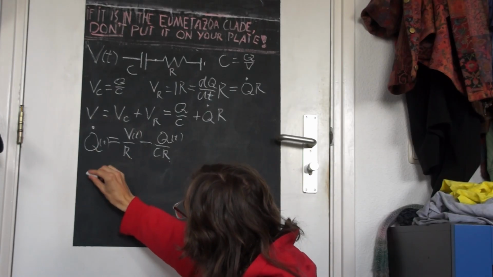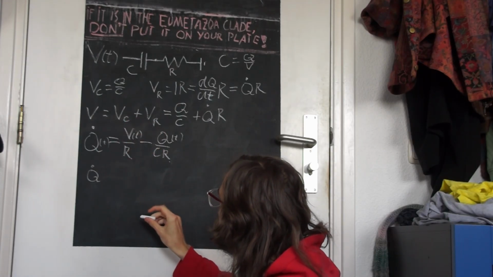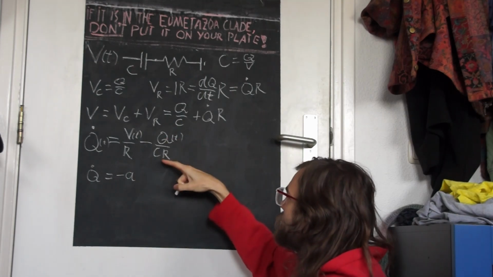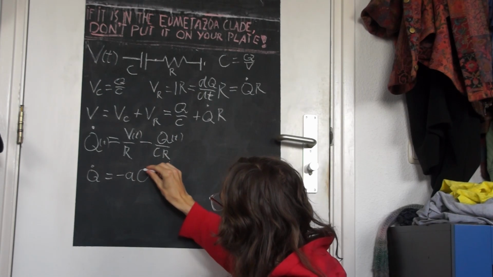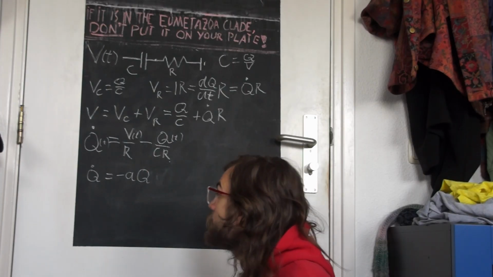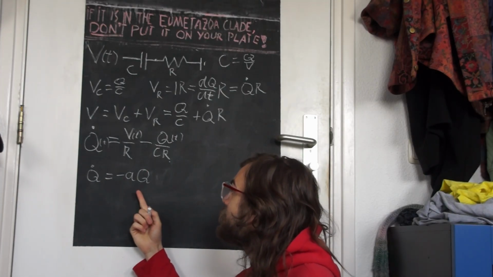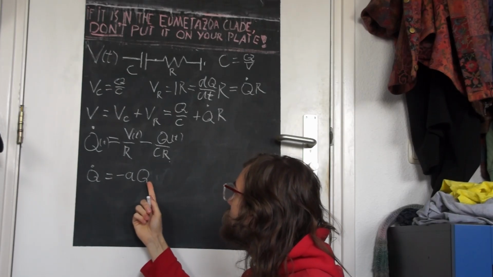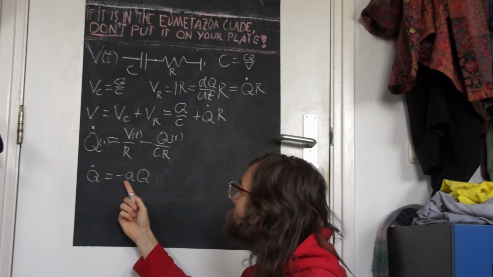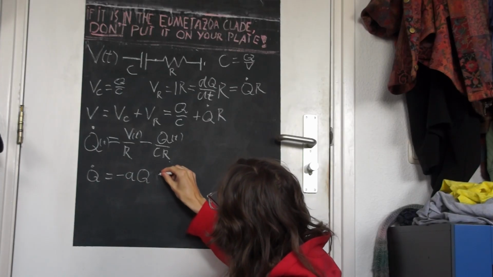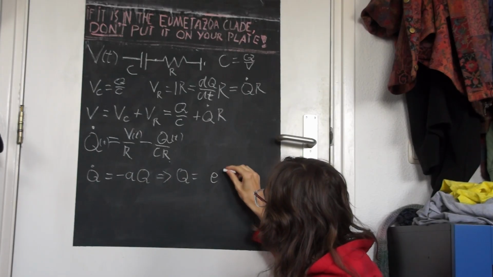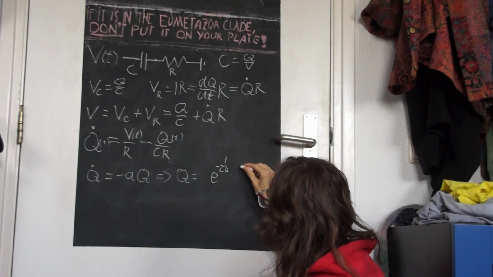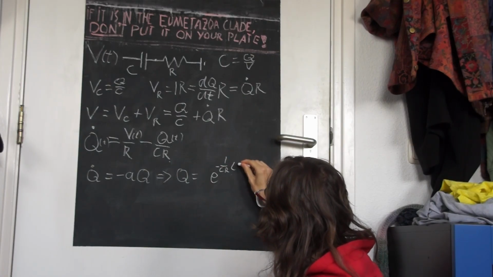I'm going to say Q dot, the time derivative, is equal to negative A, where A is 1 over CR, times Q. If you know anything about functions, there can only be really one family of functions that has its derivative be a multiple of itself, and that is e to the power minus A, and A was 1 over CR, times t.